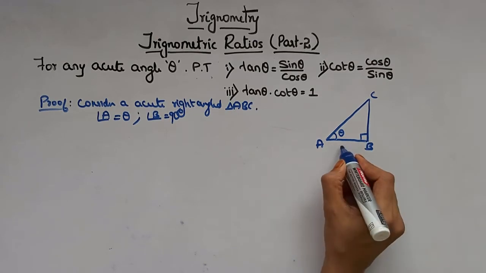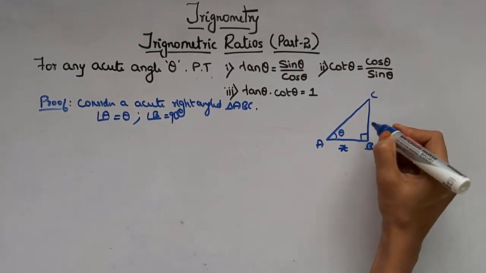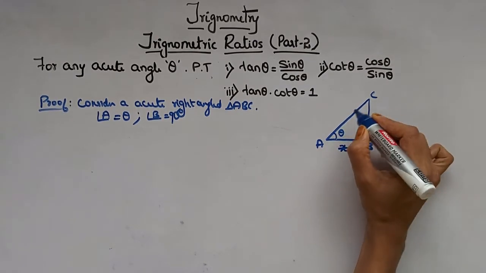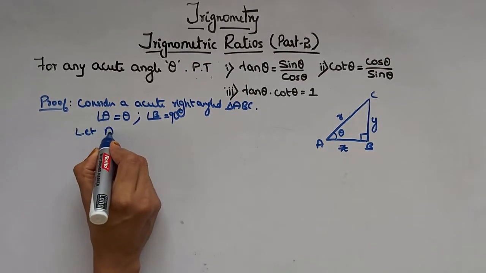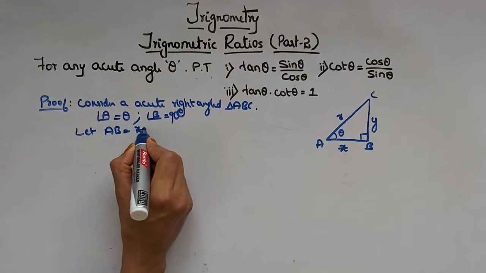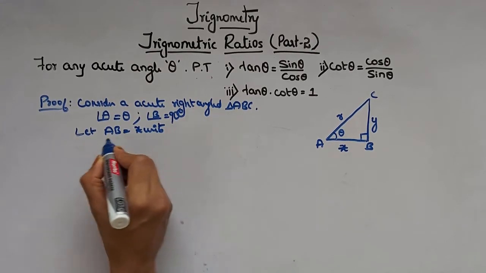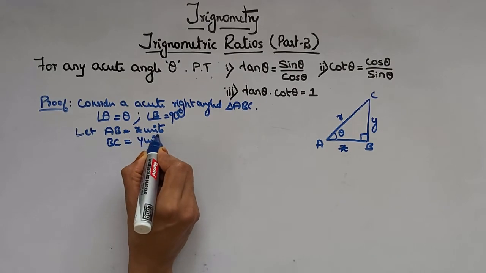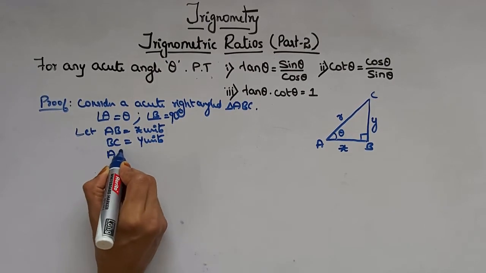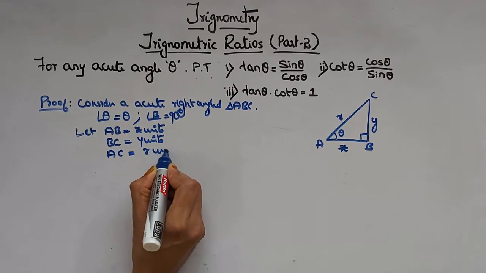Let AB be equal to x units, let's take BC as y units, and the hypotenuse AC as r units.